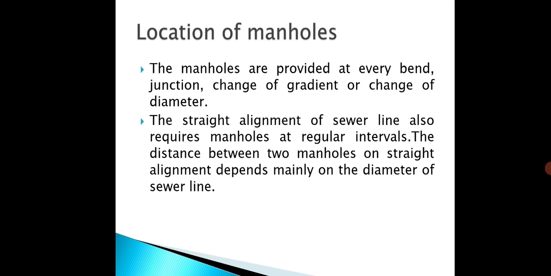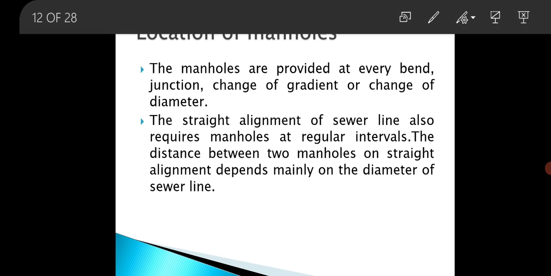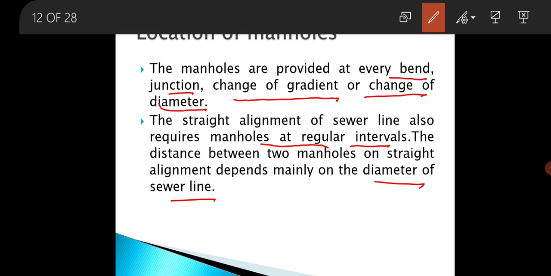Then next is location of the manhole. Manholes are provided at every bend, junction, change of gradient or change of diameter. Also, the straight alignment of sewer line requires manholes at regular intervals. And the distance between two manholes on a straight alignment will depend upon the diameter of the sewer line.